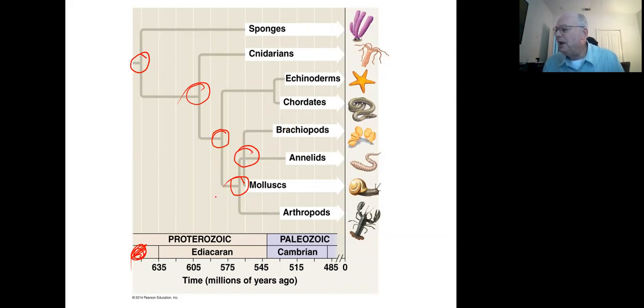And what this is indicating is that the origin of these three is still somewhat open to question, exactly which one came first. And until we have sufficient data to identify which of these three clades branched out first from this branch point, we allow for a tripartite branch point only until such time as we have better evidence. But notice all of these are originating back here in the Ediacaran.